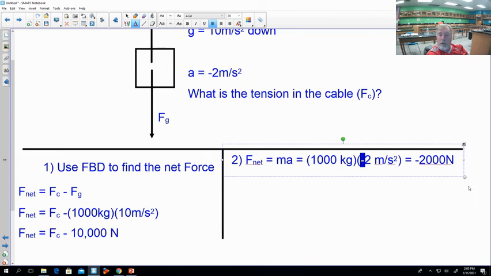Well, let's plug that -2,000 newtons in for our net force, and we can plug it into what we found over here on the left to figure out what FC is, the tension force in our cable.